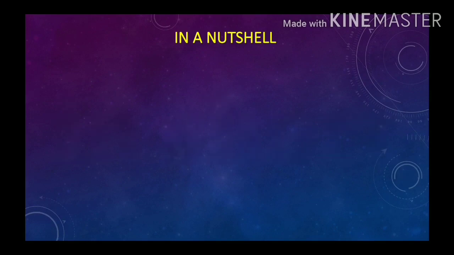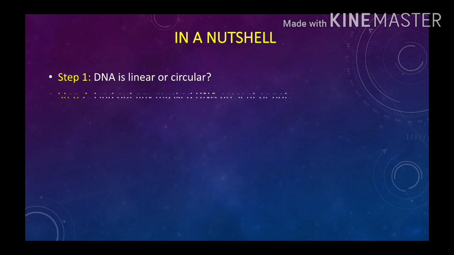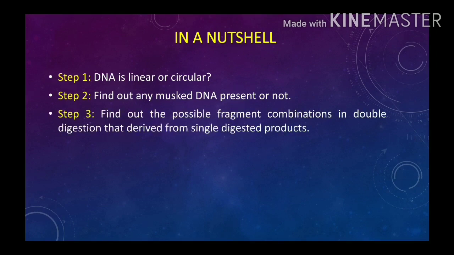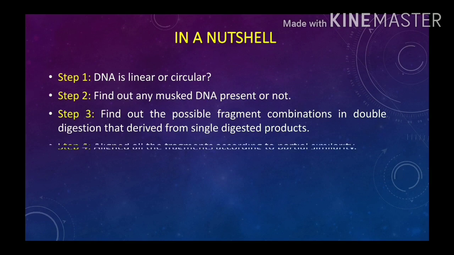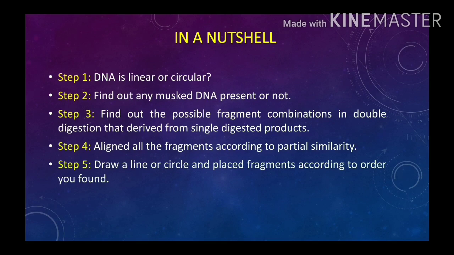So, in a nutshell, step number 1, find out whether the DNA is linear or circular. Step number 2, find out whether any masked DNA is present or not. Step number 3, find out the possible fragment combinations in double digestion that derived from the single digested products. Step number 4, align all the fragments according to partial similarity. Step number 5, draw a line or circle and place all the fragments according to the order you found.